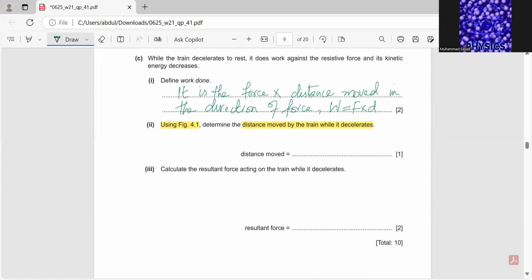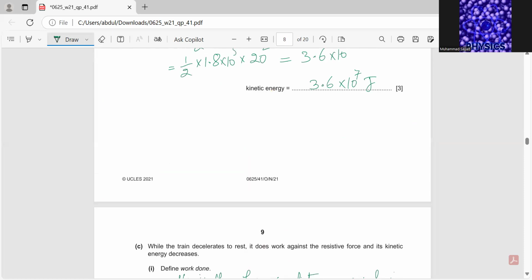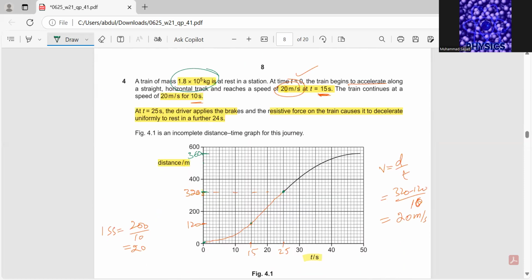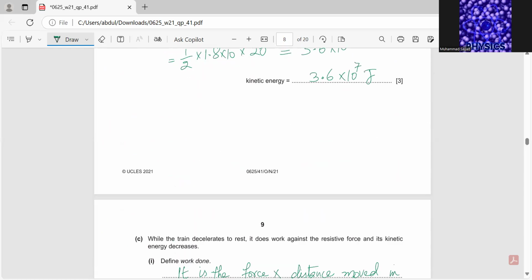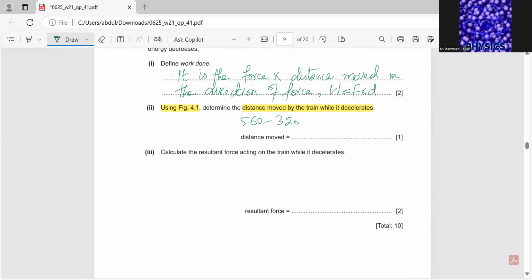So dear friend, it's 560, just two boxes below 600. 560 minus 320, so 240 meters. 240 meters.